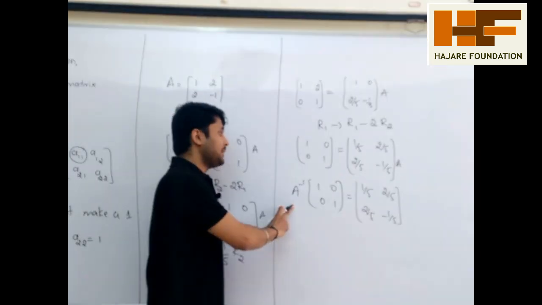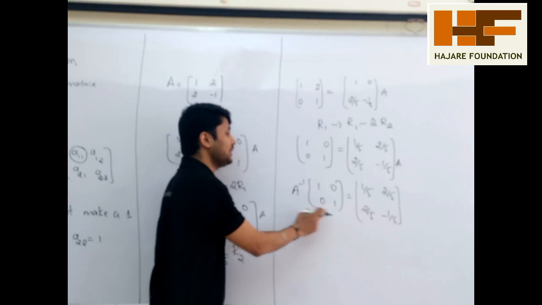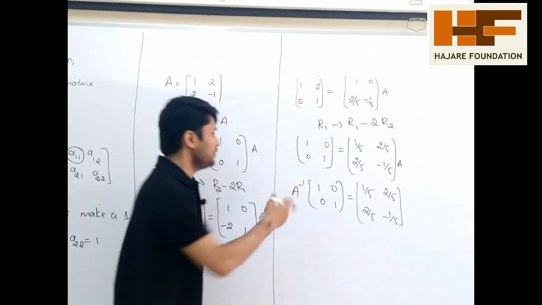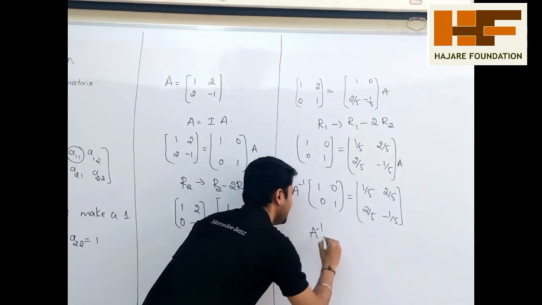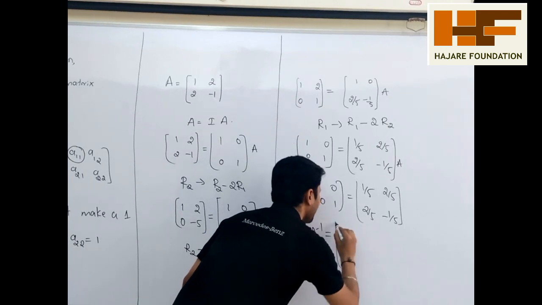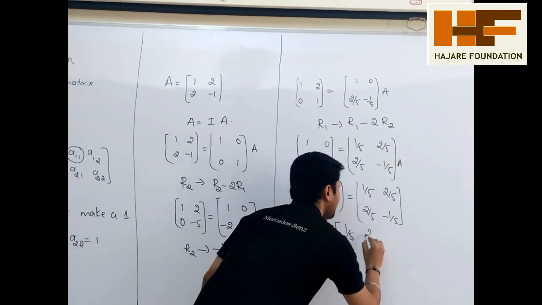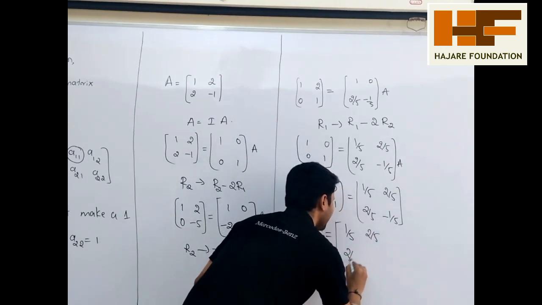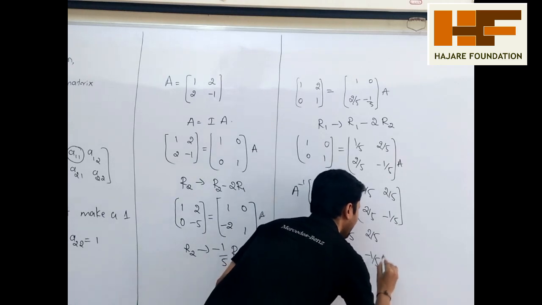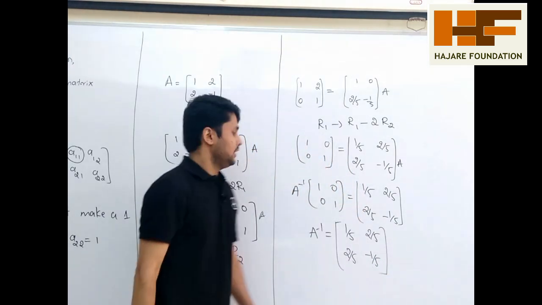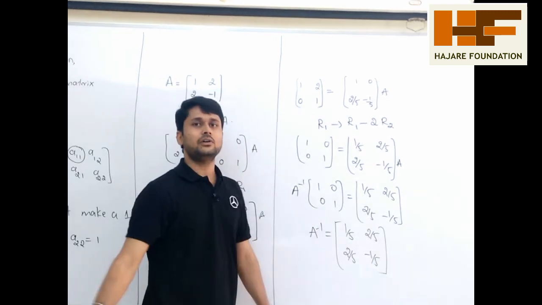We have to multiply A inverse with the identity matrix. Again, we will get A inverse. A inverse is equal to 1 by 5, 2 by 5, 2 by 5, minus 1 by 5. This is the inverse of A.